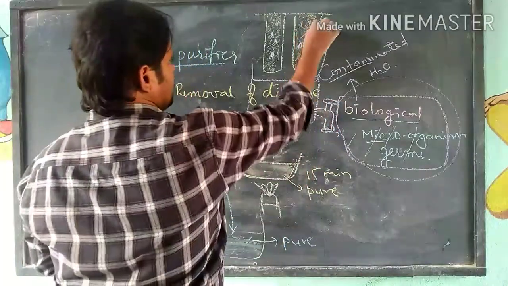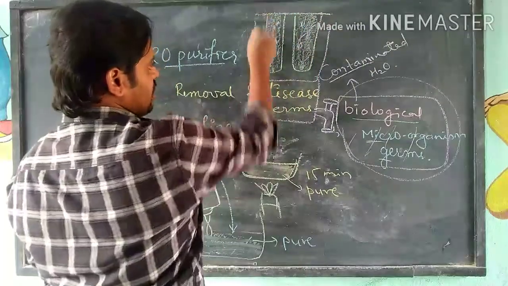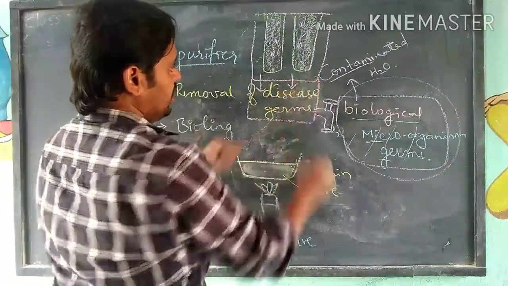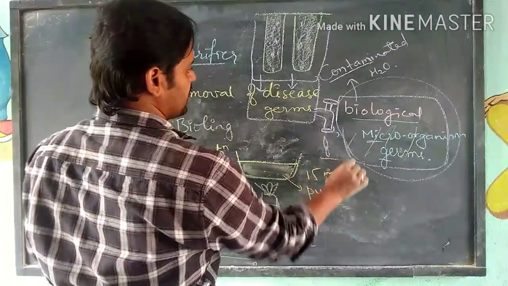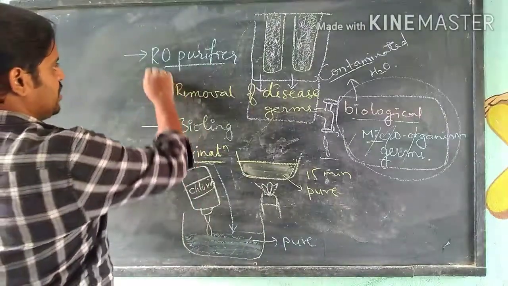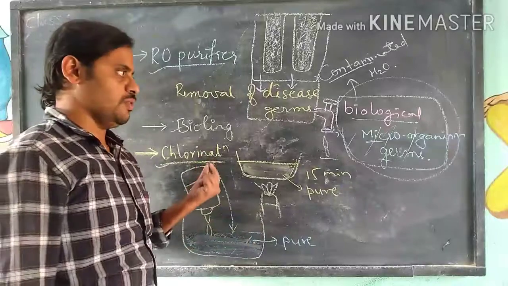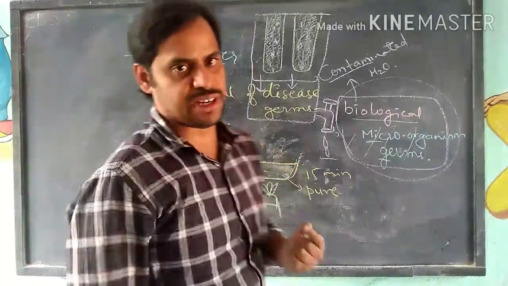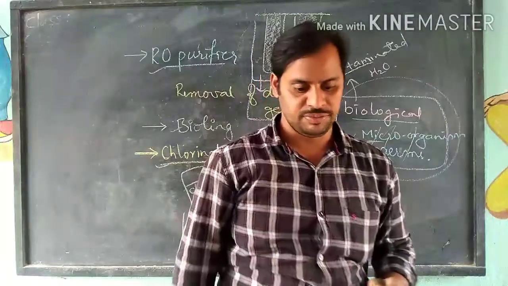Microbes जो कीटाणु रहते हैं वो सब यहाँ फिक्स हो जाते हैं, अच्छा शुद्ध पानी नीचे आए, right? That water we utilize for drinking. Like this, by boiling, by chlorination, by RO purifier, we can purify water and drink it, which is called safe water.